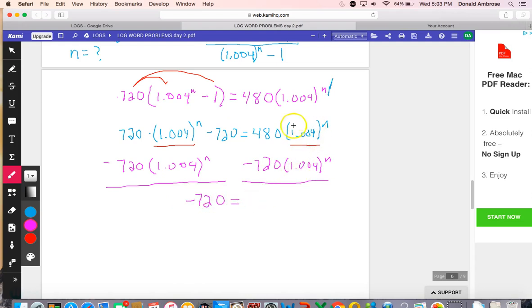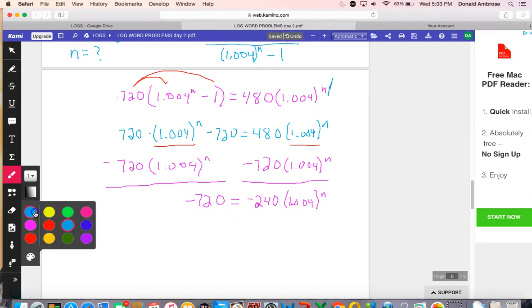And on the right-hand side, these are like terms. So we can take the 480 and subtract 720 from that to get minus 240 times the 1.004 to the nth power. And now, this should hopefully look somewhat more like the problems we've been dealing with.